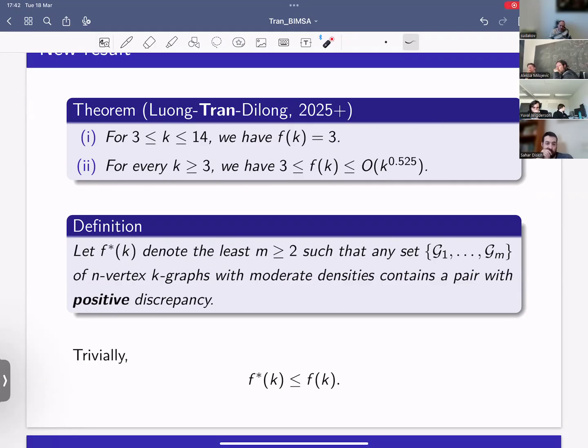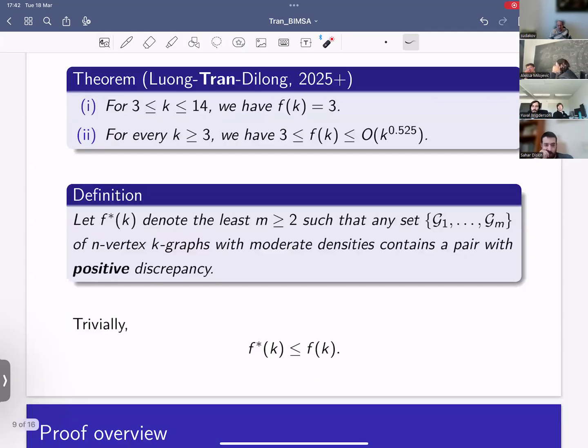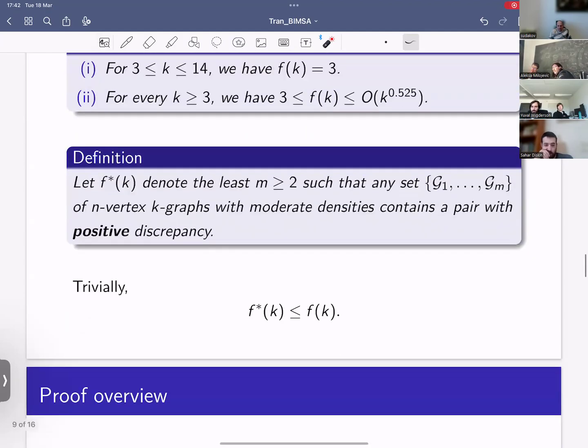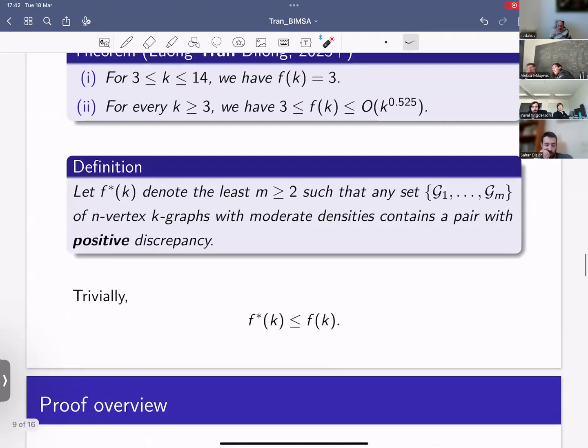And numeric experiments suggest our proof gives a constant upper bound, but we don't know how to prove it rigorously. So it could well be the case that f_k is 3 for every k, or at least f_k is bounded by a constant for every k.